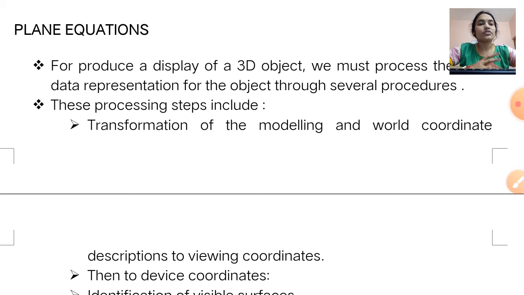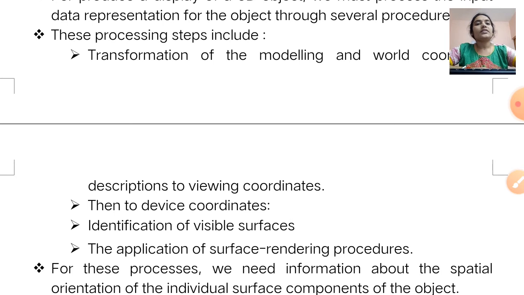This world coordinate to viewing coordinate, we have discussed in the viewing pipeline in 2D. Then it is converted to the device coordinate. After that, identification of visible surface, and the last one is the application of surface rendering procedure. These 4 processing steps we include.